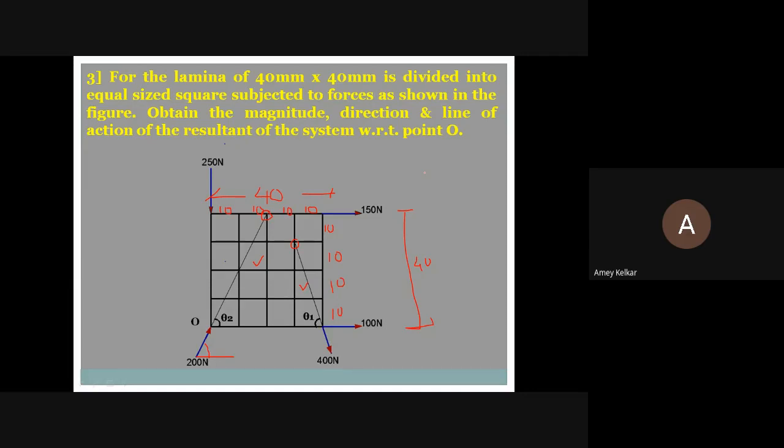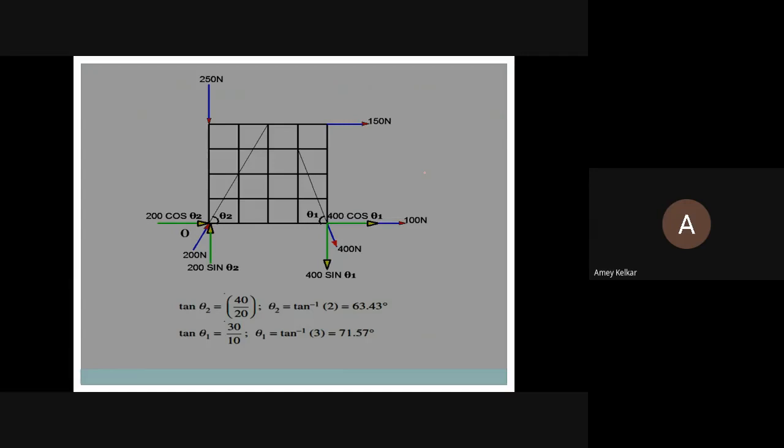So let's start. Need not worry, because the initial steps we know and we have solved a lot of examples on it. So firstly, what I have done, these two forces are as they are. Now this 400 force which is inclined with an angle with the horizontal, I have broken it as 400 cos theta 1 and 400 sin theta 1.